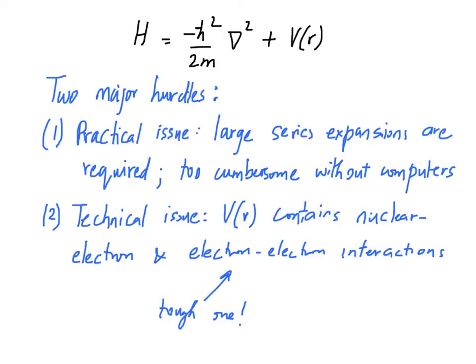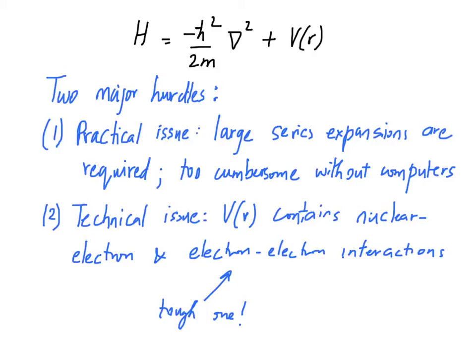The second issue, which deals with the electron-electron interactions, is also handled quite well in modern times due to the work of many people, but most notably John Slater, who developed this method called the X-alpha method, which is going to be beyond the scope of this course.